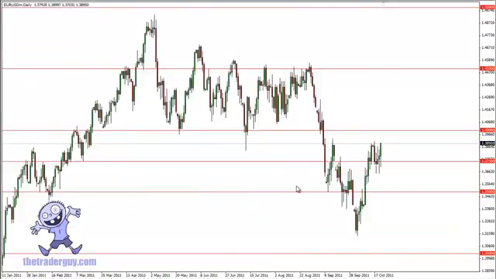Zooming in on the daily, these are the weekly lines. I could go as far as to tweak it a little bit here. I could probably come up with something here. I don't even know what that would be, 133.50 or so. And then you can go in right here where we're starting to struggle at 139 and 140.